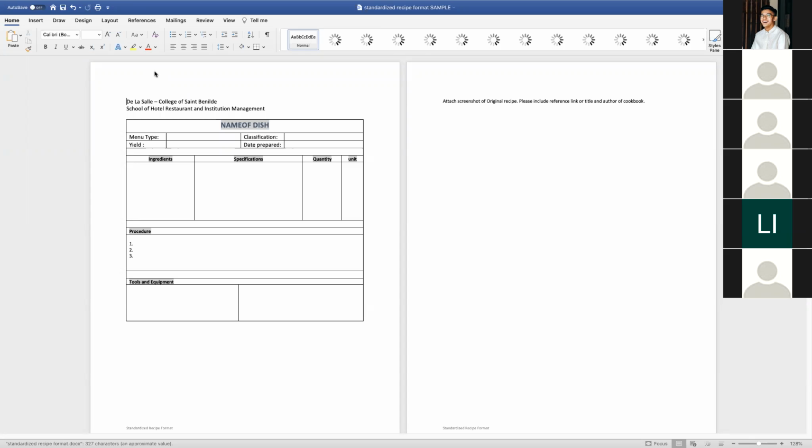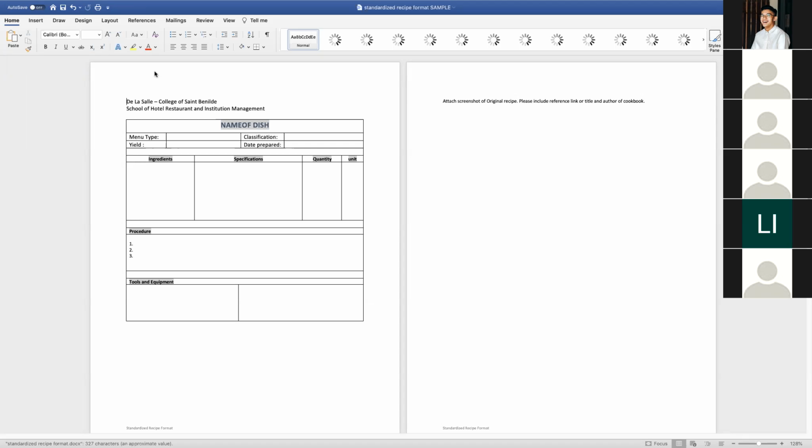I'll upload this in your Big Sky, and you just fill this up. Don't worry about the spacing. You can just enter your return button and it will just expand. I have designed the table in such a way that it's by area: ingredients, procedure, and tools and equipment. So it can go down and down, depending on the number of items that you are going to type in that specific box. Are we clear, guys?